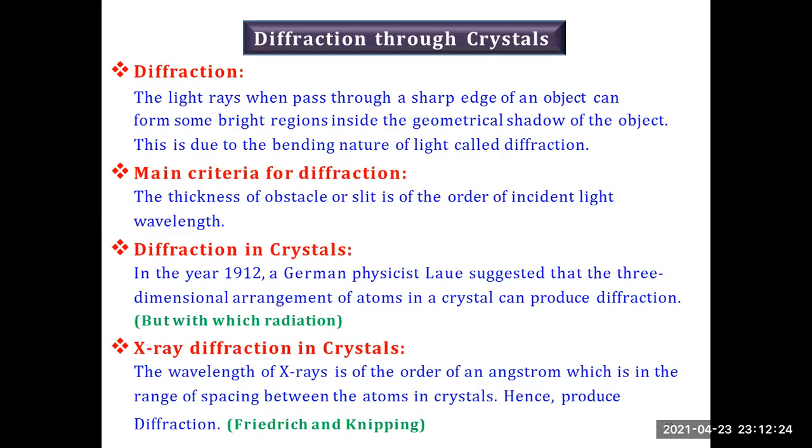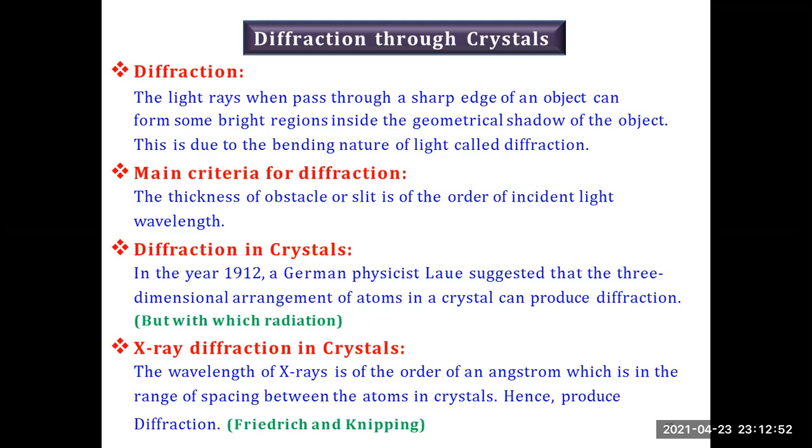Here we want to move towards Bragg's equation, which you have studied in chemistry in the intermediate. Since you now have information regarding diffraction and the condition on which it occurs, let us see who introduced diffraction in crystals.